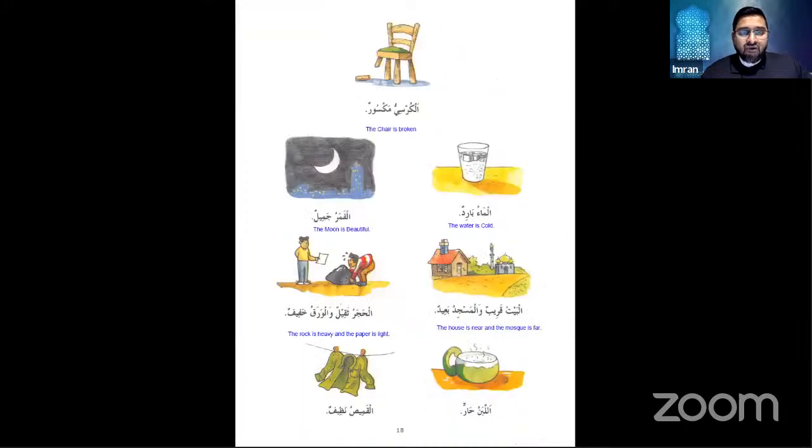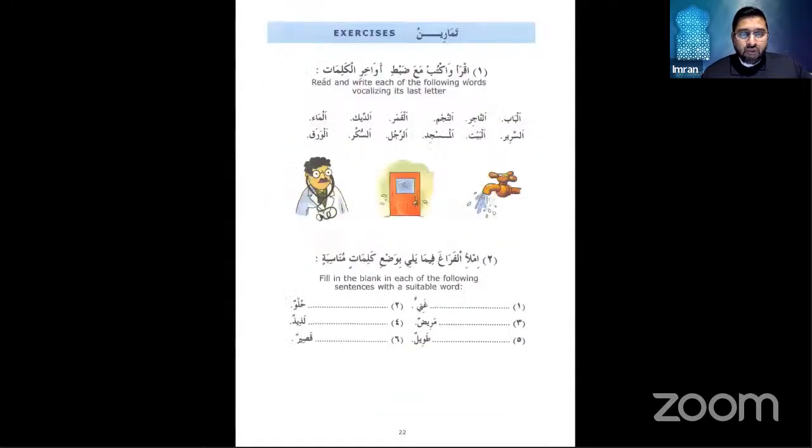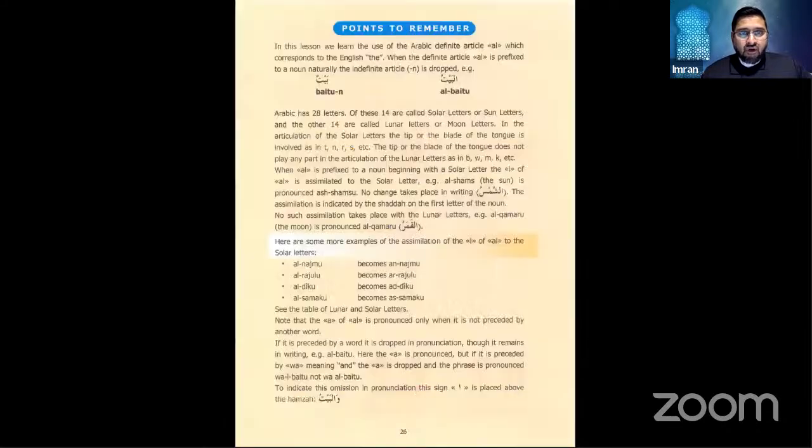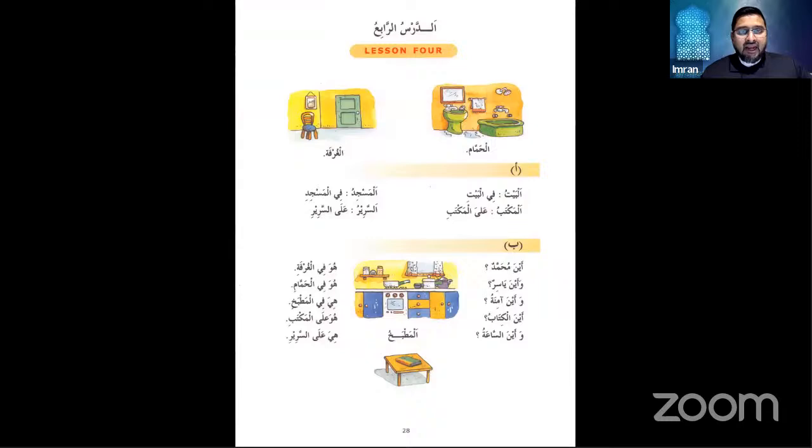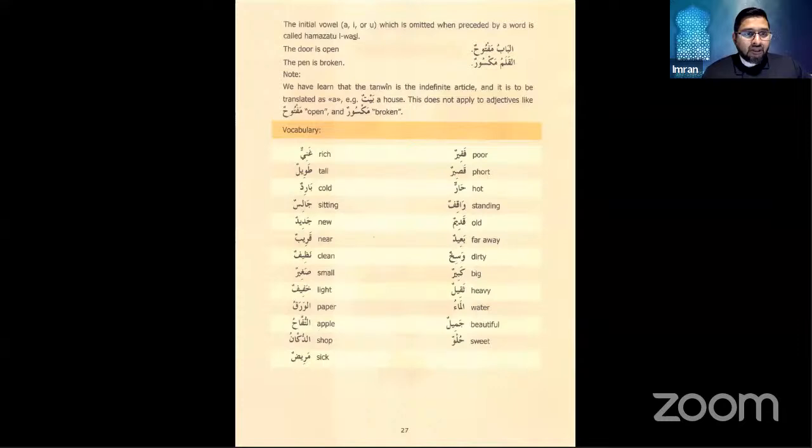Lesson 3, I'll finish next week, and then lesson 4. Before I start lesson 4, I will teach you verbs and change the different formats of the verbs, and inshallah you will be able to speak basic sentences in the Arabic language.